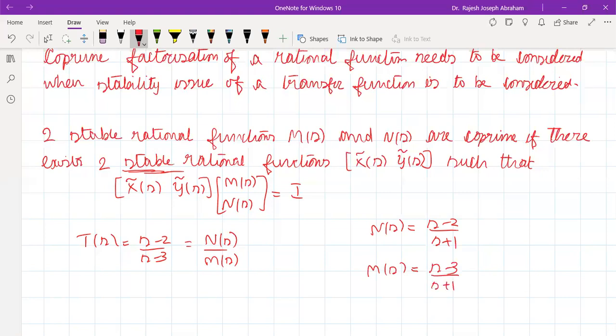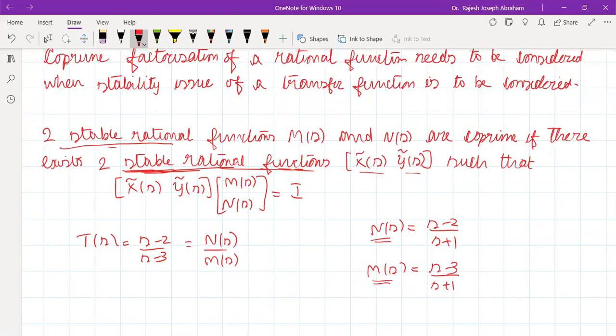Two stable rational functions are co-prime if there exist two stable rational functions, x hat of s and y hat of s. So where is the pole of n of s? It is at -1, so n of s is stable. Where is the pole of m of s? It is again at s equal to -1. So they are stable.